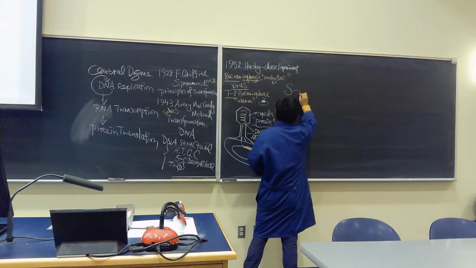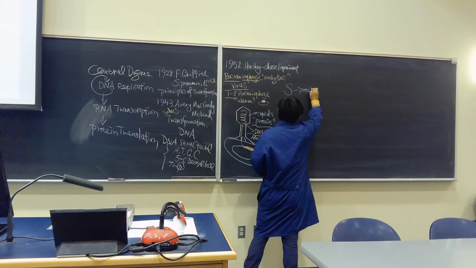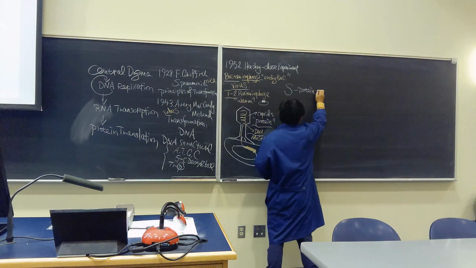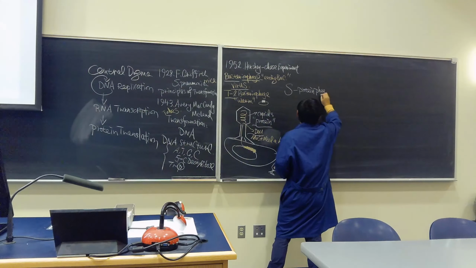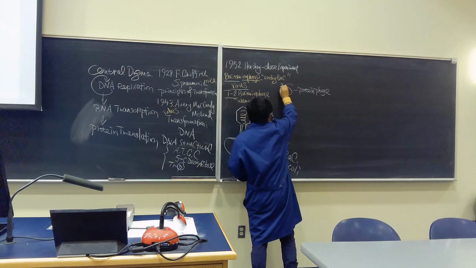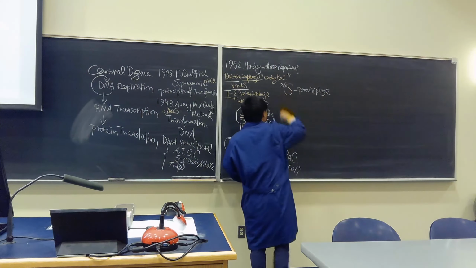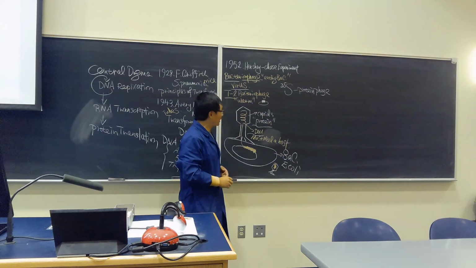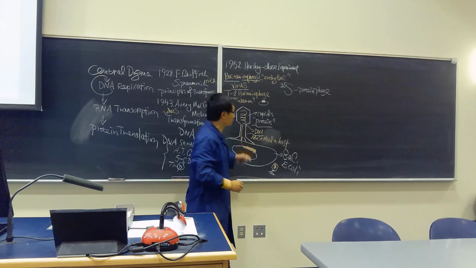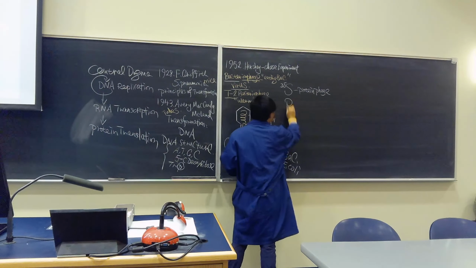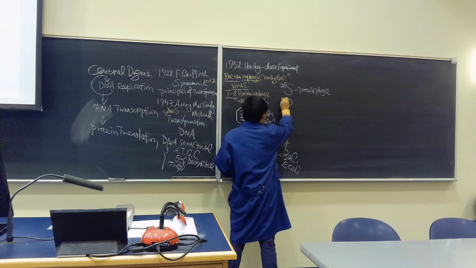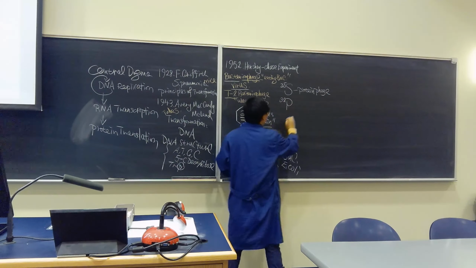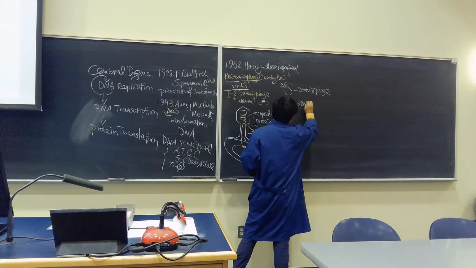So they could label the protein of a bacteriophage with S35. And which chemical is in DNA but not in protein? It is phosphate. They could label this as phosphate 32, for the DNA of the phage.